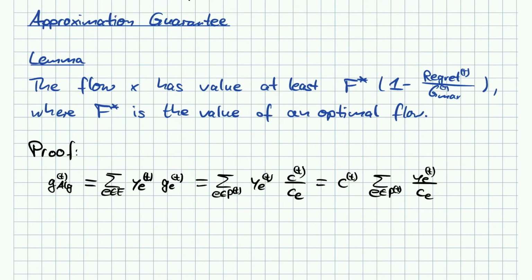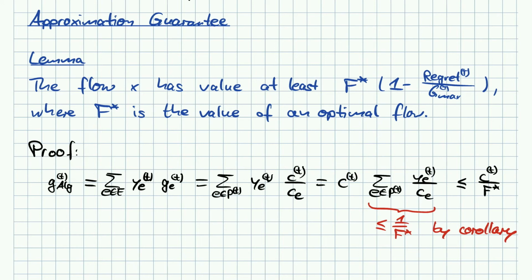And we know, of course, that there is a flow of value f star, which means that because this is one choice of these y_e according to our lemma, the length of this path will be at most 1 over f star. This is by this corollary. So we're getting that the gain of our experts algorithm in time step t is no more than c_t divided by f star.